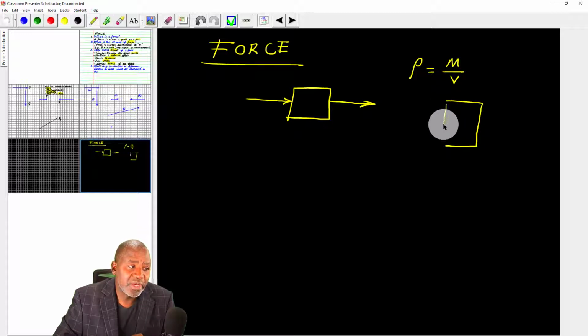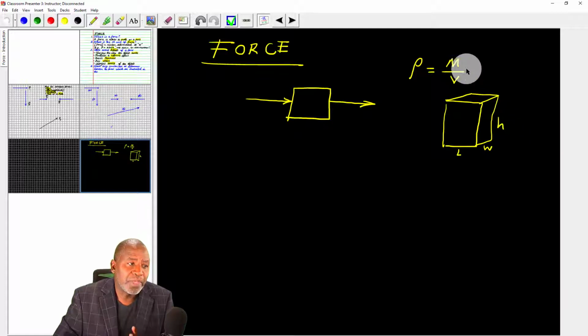There's a cuboid. It's got some height, it's got some length, it's got some width. When you multiply that, length, width, and height, you get the volume. So before we talk about density, we have already talked about these two, so that when now we talk about density, we are defining it in terms of physical quantities which we have already encountered.